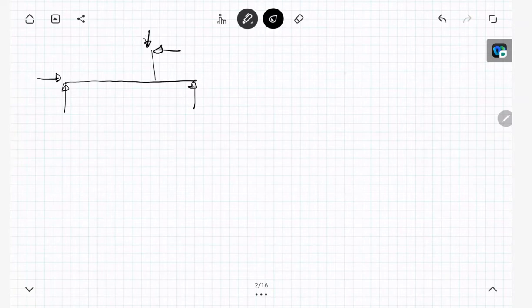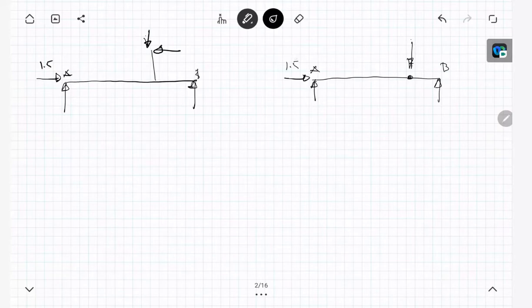This one plane, this another plane. The force acting here. Acceleration force. A, B. This is 1.5, 1.5, 1.33, 1.07, 1.14, and 2.86.